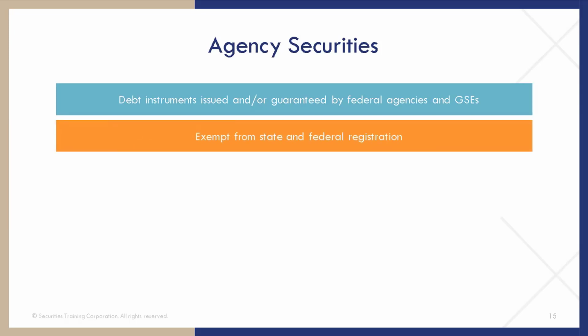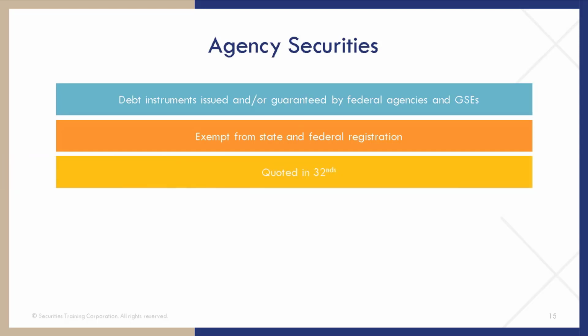These are generally exempt from federal and state registration requirements the same way treasuries are. So the federal government does not have to file a registration statement with the SEC or with the states when they issue treasury bills or notes or bonds. The government agencies are usually exempt from those registration requirements also.